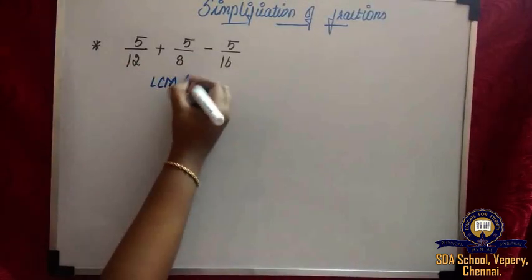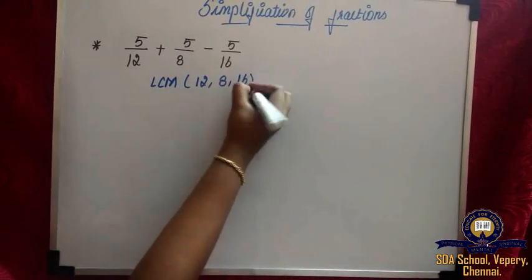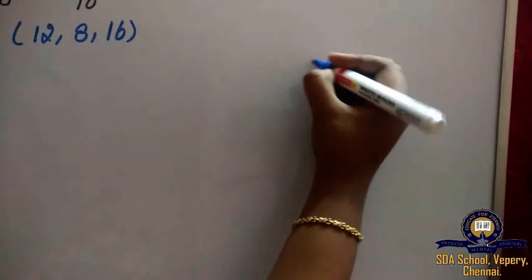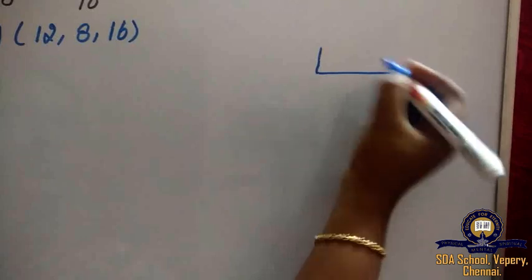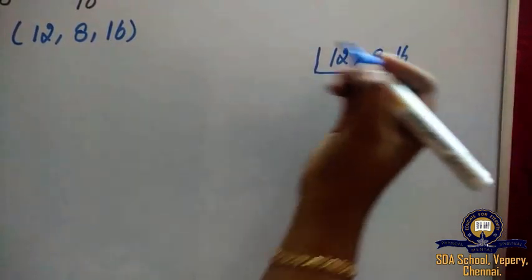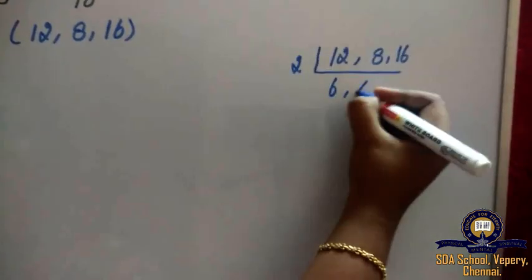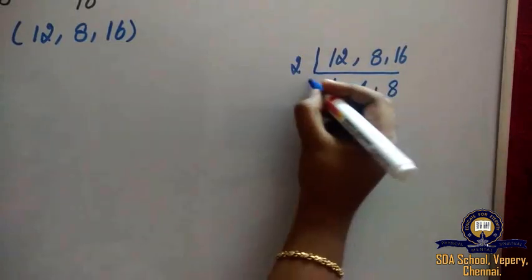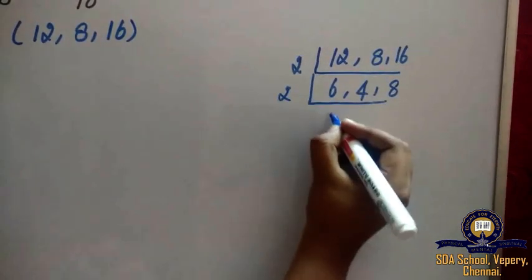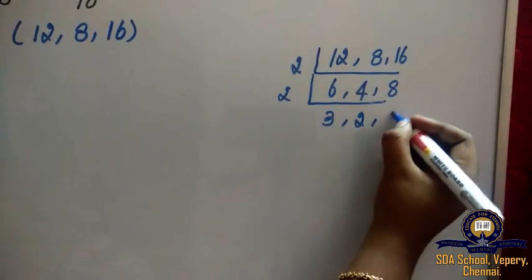It's the LCM of 12, 8, 16. 12, 8, 16. The three have the common factor 2. 2 sixes are 12, 2 fours are 8, 2 eights are 16. Again these three have the common factor 2. 2 threes are 6, 2 twos are 4, 2 fours are 8.